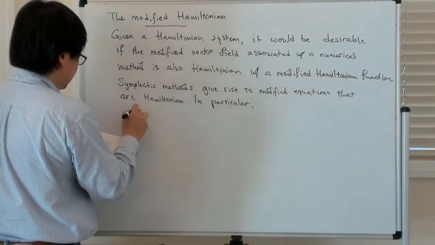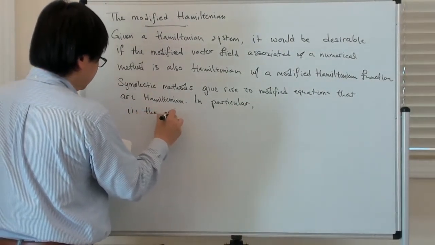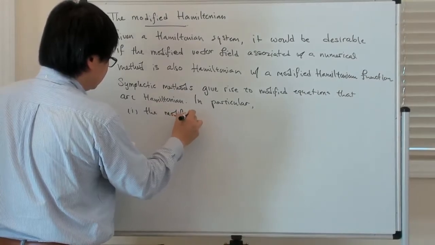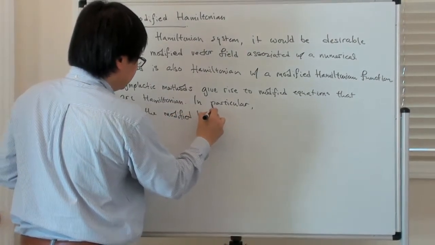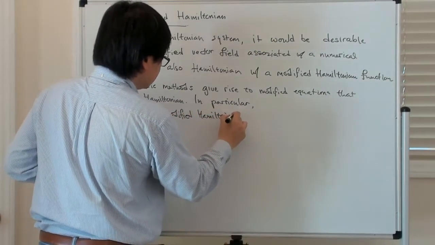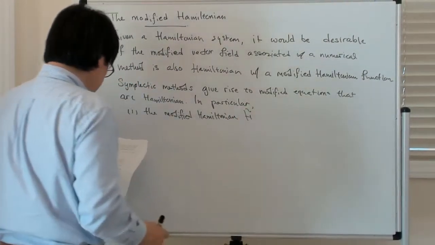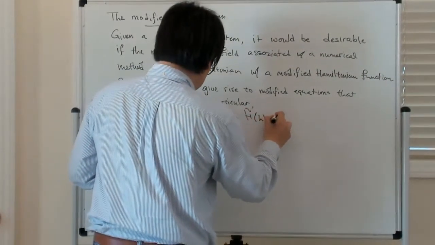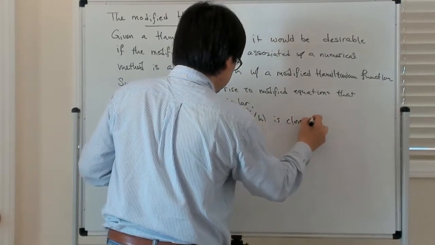Okay, so in particular, the first thing is that the modified Hamiltonian, let's call that h tilde as a function of h, is close to the original Hamiltonian.